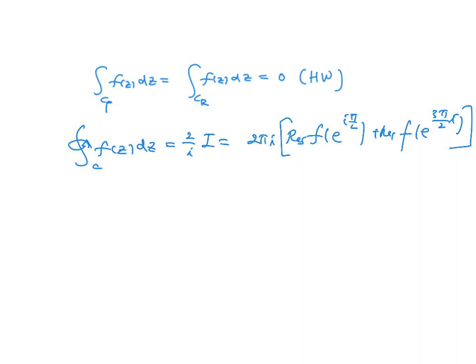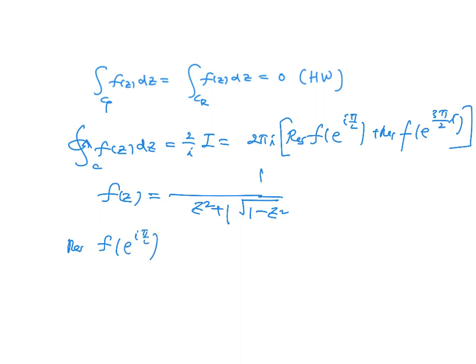Of course, f(z) is z squared plus 1 over square root of 1 minus z squared, right? So the residue f exponential I pi over 2 is 2I, right? 2I times this one is square root of 2.